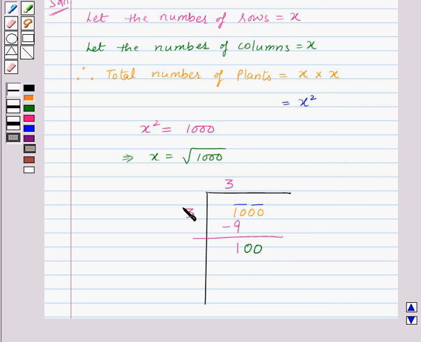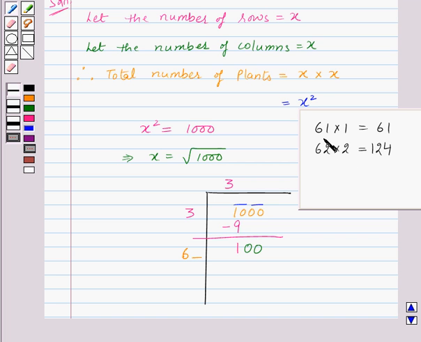Also double the divisor, that is 3 plus 3 is 6, and enter it with a blank on its right. And find the largest possible digit to fill in the blank, which will also become the new digit in the quotient, such that when the new divisor is multiplied by the new quotient digit, the product is less than or equal to the new dividend, that is 100. So here we have 61 into 1 equal to 61 and 62 into 2 equal to 124.